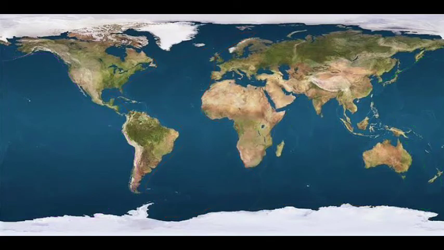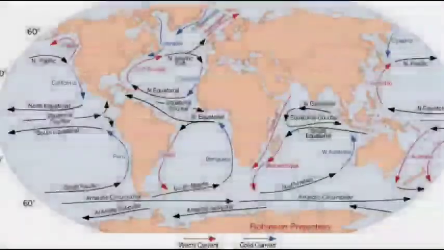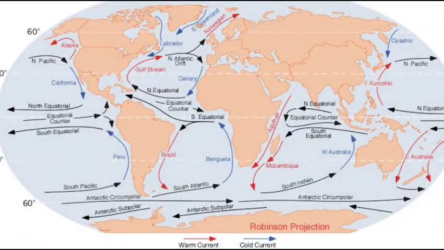The water between the different oceans moves freely from one ocean to another. When a mass of water moves in a fairly defined direction over great distances, it is known as ocean current.